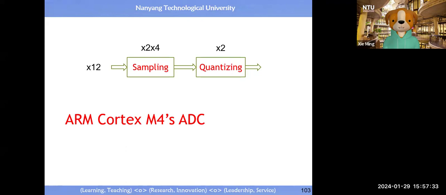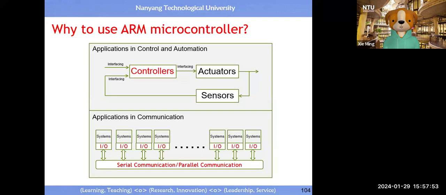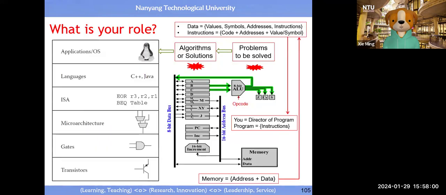So ARM Cortex M4 has a built-in solution. As long as you understand the working principle in the previous slide, then we just focus on how to use the built-in solution. So put yourself in the mindset of a user, right? Why do we use a microcontroller? In our context, it is IoT, because you get network sensors and network actuators.